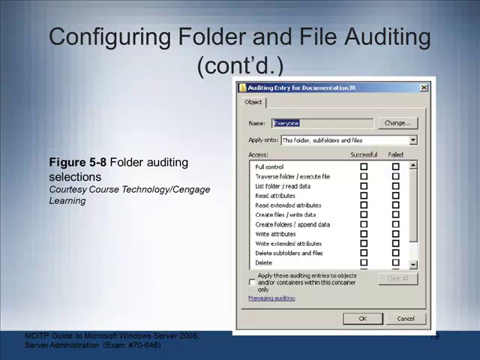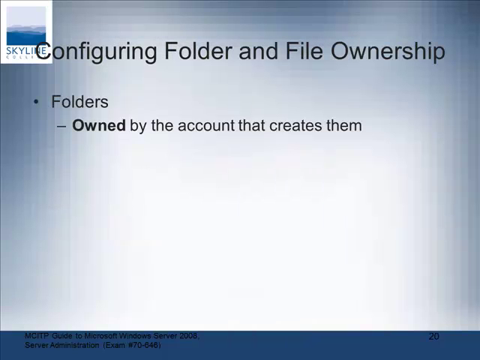You need it to be NTFS. This is in the folder Auditing, Full Control. So name Everyone, apply on this folder, subfolders and files, everything that is down there. And what do we want to audit? What people do. You pick what you want to audit.